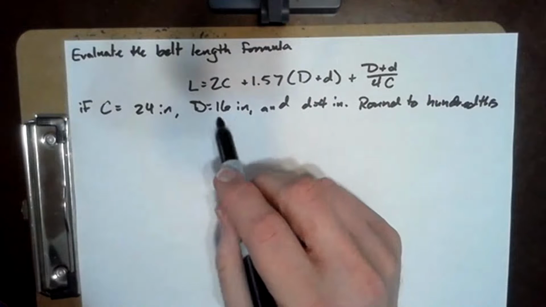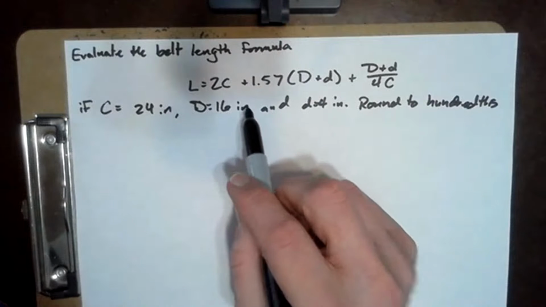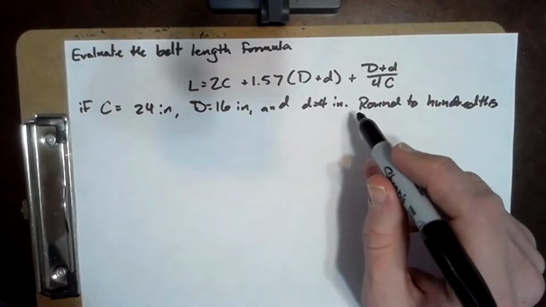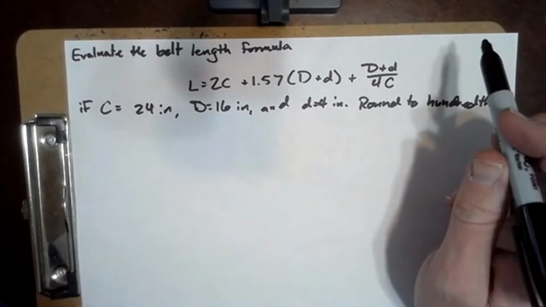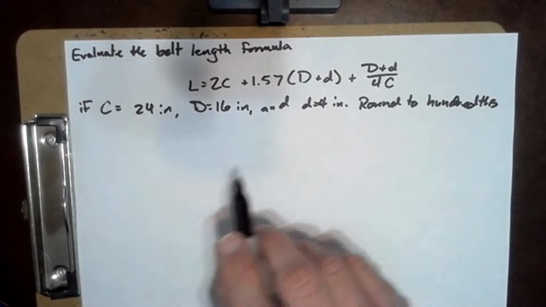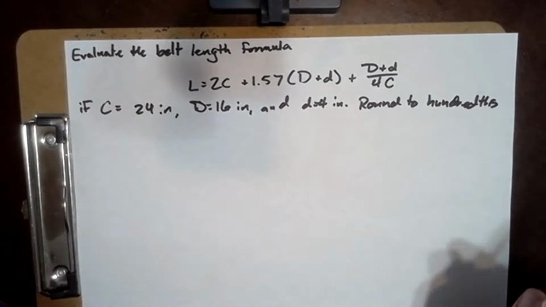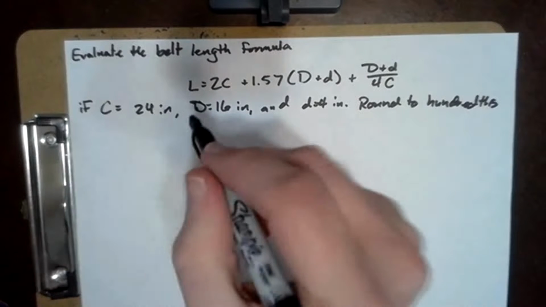Okay, so here we have L equals 2C plus 1.57 times big D plus little d plus big D plus little d over 4C, where C is 24 inches, D is 16 inches, and little d is 4 inches. We want to round this to hundredths.